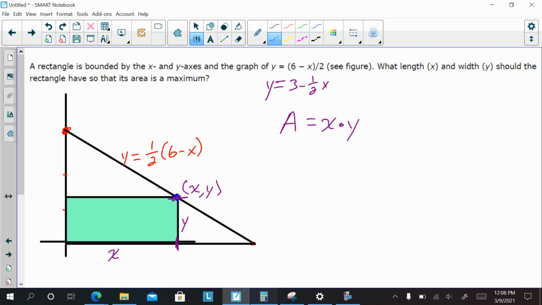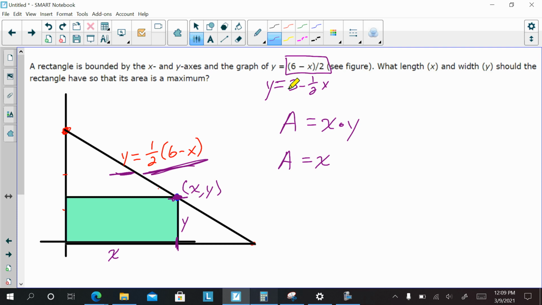But notice that point is on this line, and on this line, the y value is 1/2 times 6 minus x. In other words, on this line, the y value and this are the same. So we can replace y with any version of what we have y equal to.